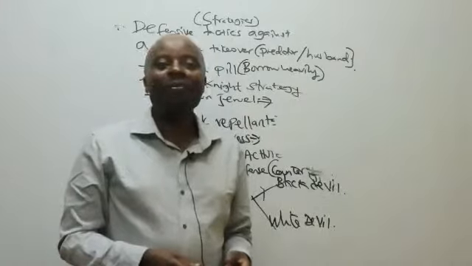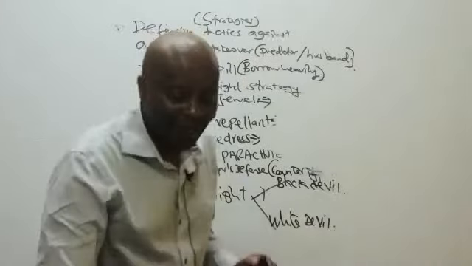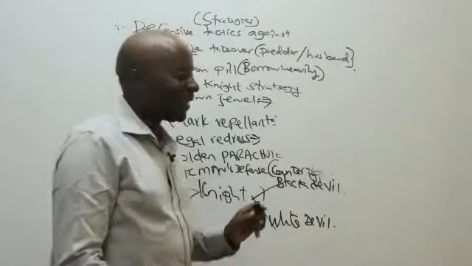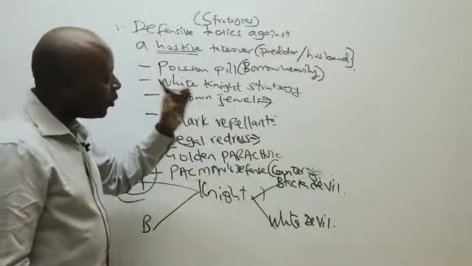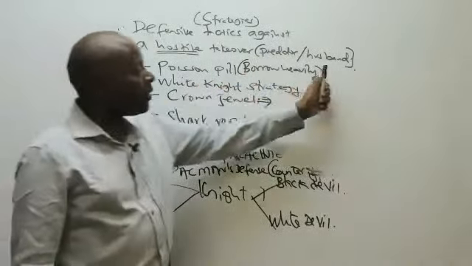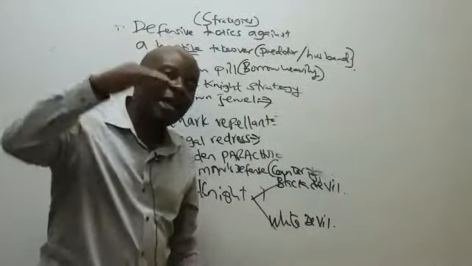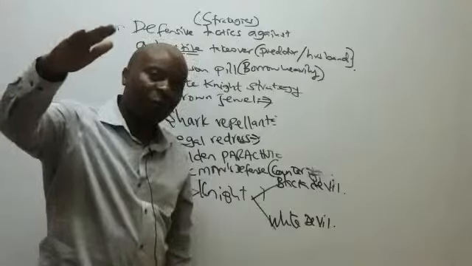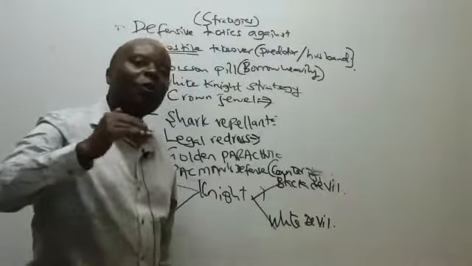Poison pill is a disaster. You borrow heavily. You know, these potential predators, they fear high gearing. Once I acquire a firm that has got high debt, my gearing level will go very high.